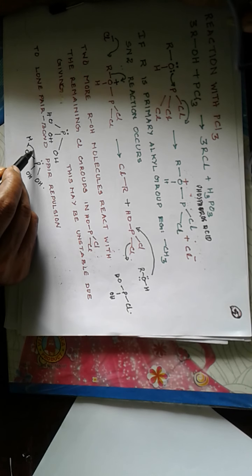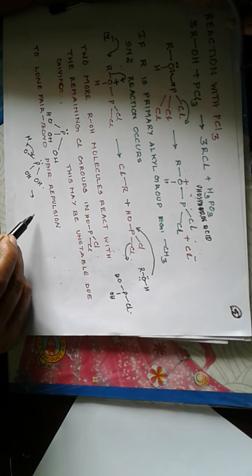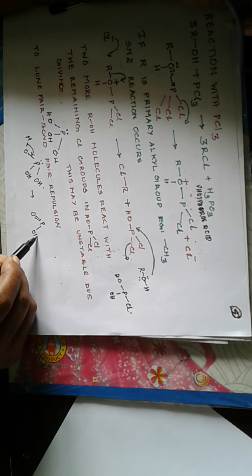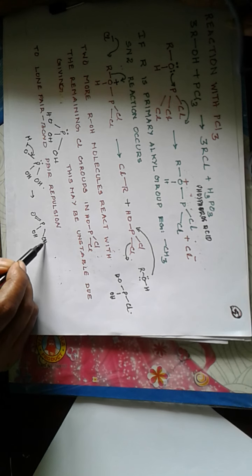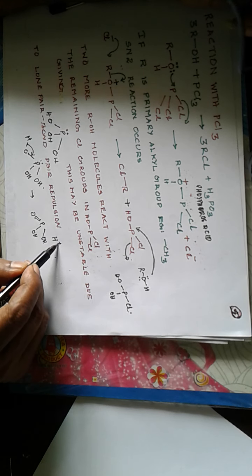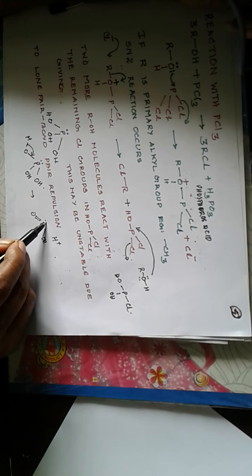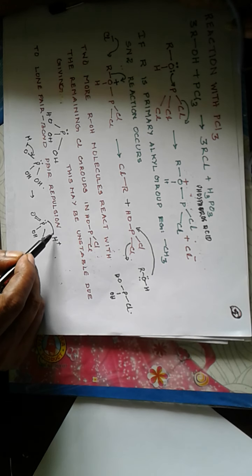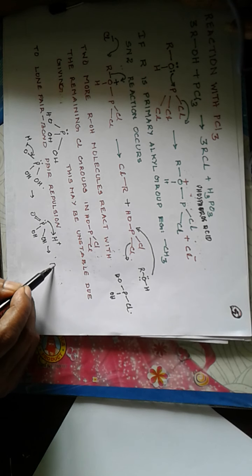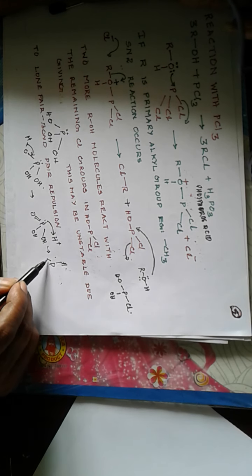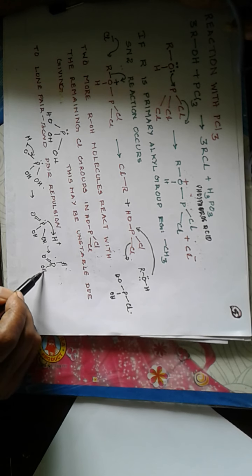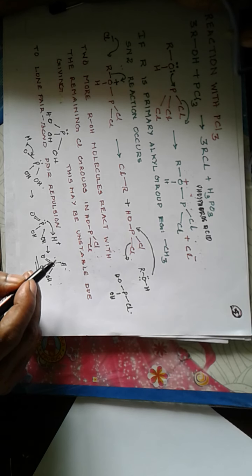Now this bond will be shifting in this direction, creating a P double bond O. So P double bond O, OH and OH, and there is H⁺ formed from this OH group. There is a lone pair. Now this lone pair is given to H⁺. We get P–H double bond O, OH and OH. This is actually phosphorus acid.